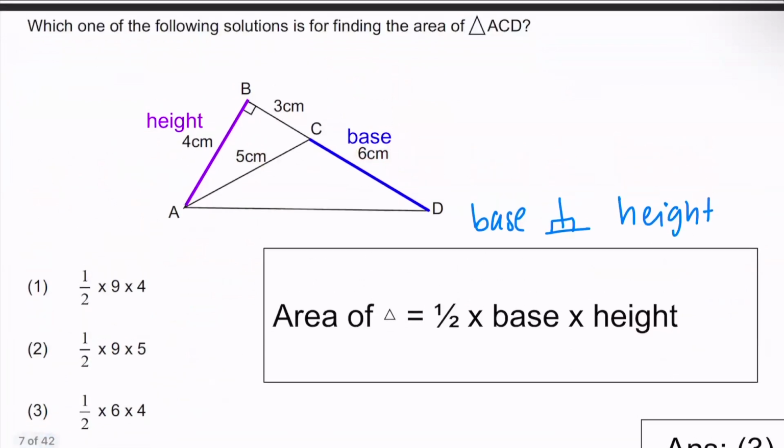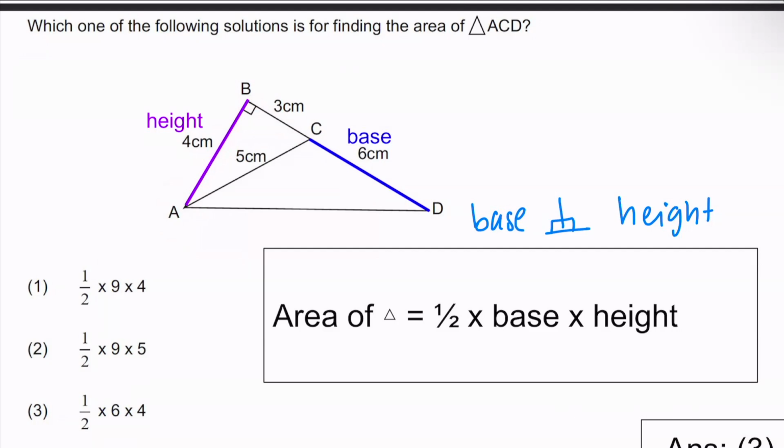Okay, so when you cannot find the height which is perpendicular to the base, what you can do is you can extend the base further. Extend the base further until you reach a point where you can get a perpendicular line. When you get a perpendicular line from this point, then you can measure the height.